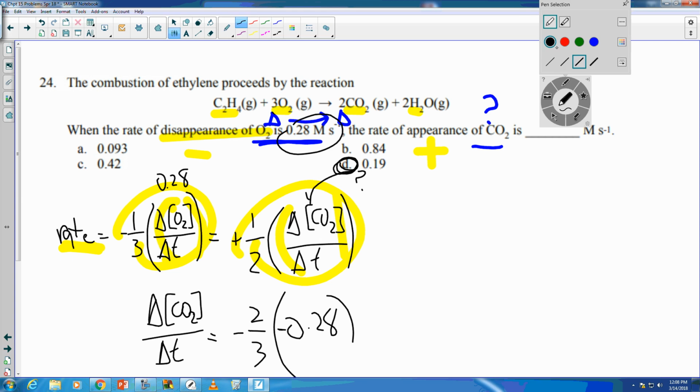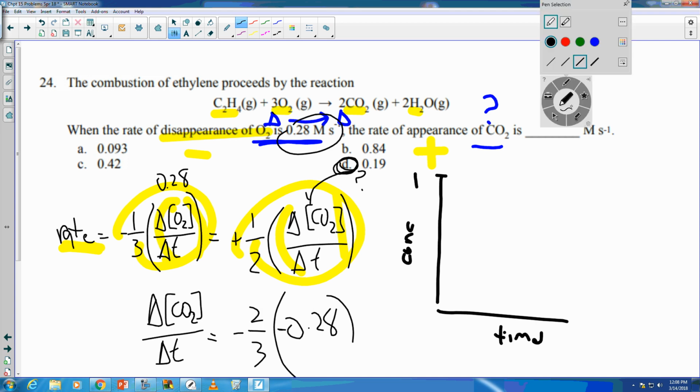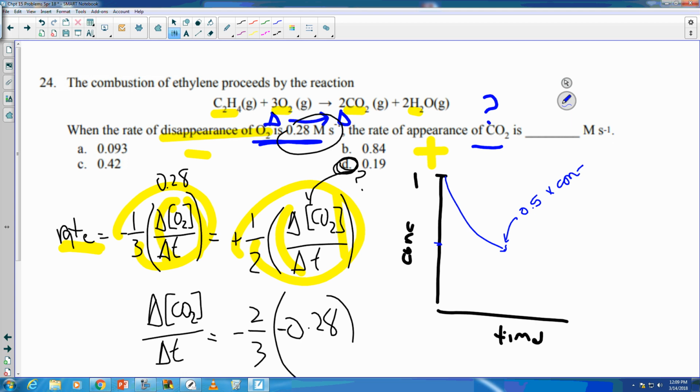If we think about concentration versus time, and we'll call the original value 1. Okay, it could be any number. So what's changing with the half-life is the time that it takes to get to 0.5. Okay, so this is 0.5 times whatever the original concentration was.